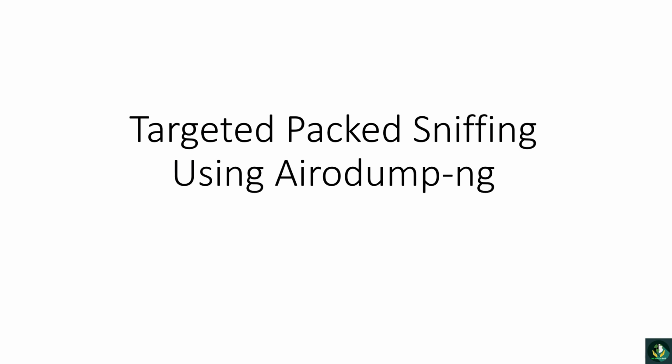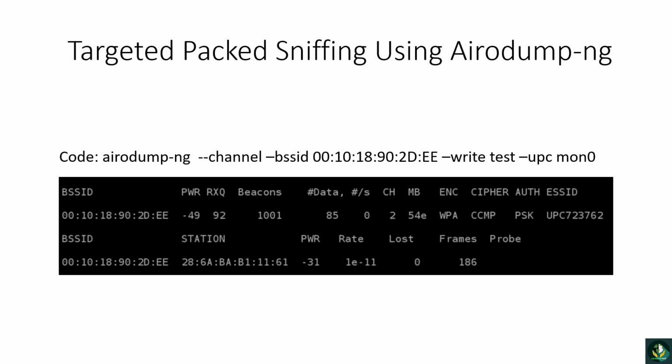What you have to do now is type this command in the terminal. As you can see, I am going to target this machine, that's my home network, and I am going to start sniffing on that network instead of sniffing all the networks around me.